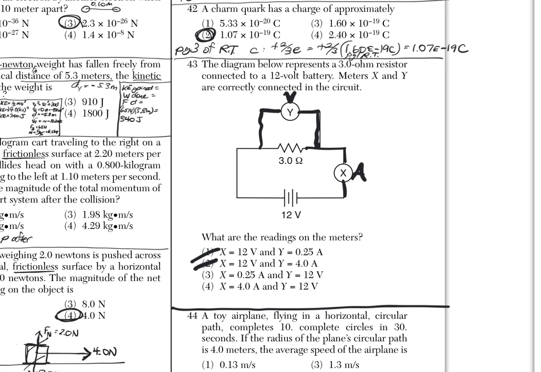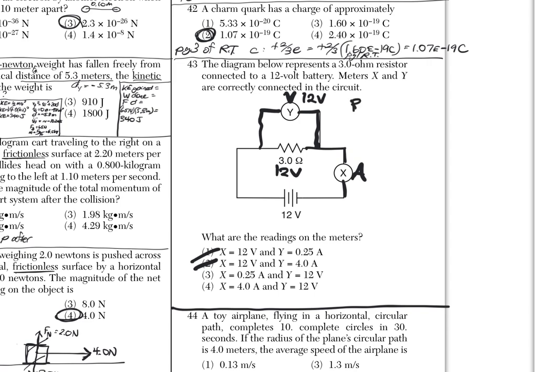And then, all right, so what are the correct values? Well, I can see there's only one resistor in the circuit, and nothing else there, so if it's 12 volts from the battery, then it must also be 12 volts across that resistor. So Y needs to read 12 volts. And oh, look at that, how nice. Y reads 12 volts in both 3 and 4. Fine, they're going to make us find the current.